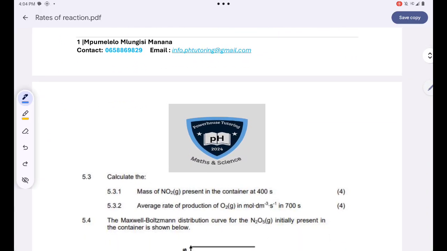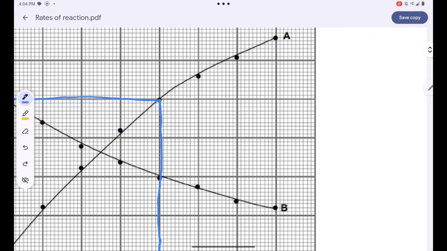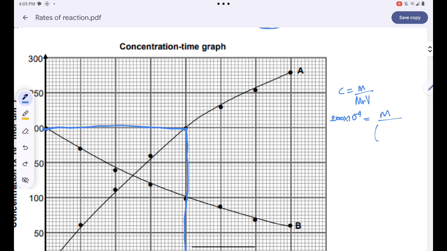The mass of nitrogen dioxide. I can simply use the equation that says concentration is equal to the mass over the molar mass, multiplied by volume. The concentration is 200 times 10 to the power negative 4 moles per cubic decimeter. I'm looking for the mass, and then my molar mass for nitrogen dioxide.